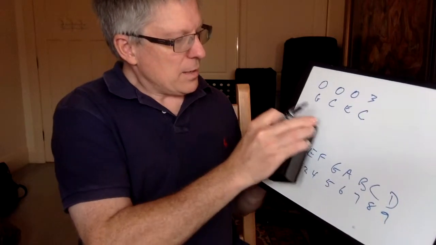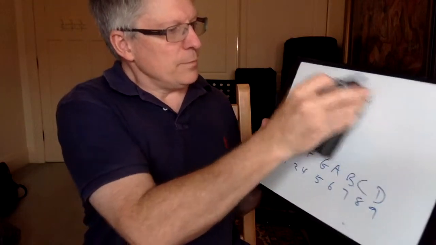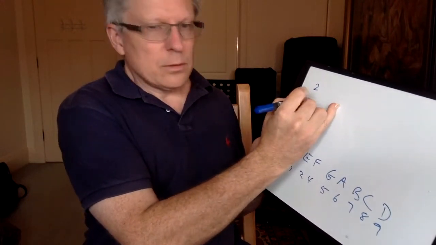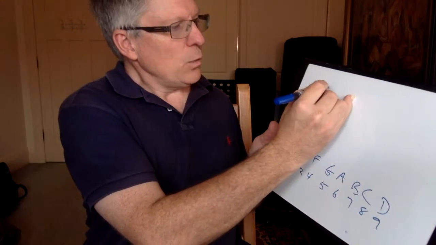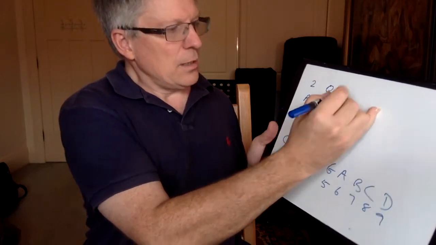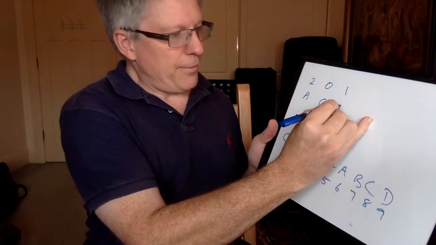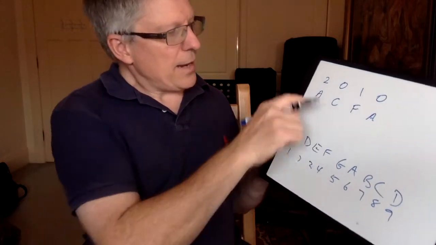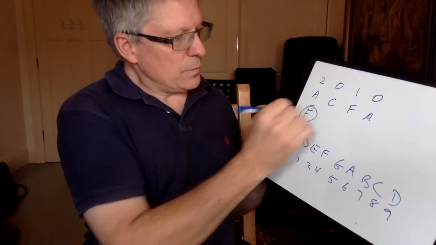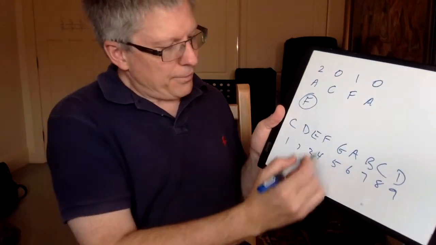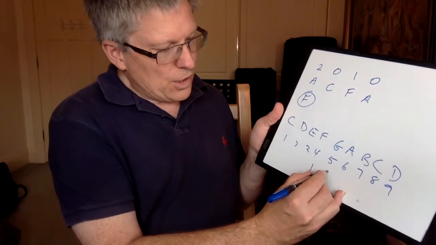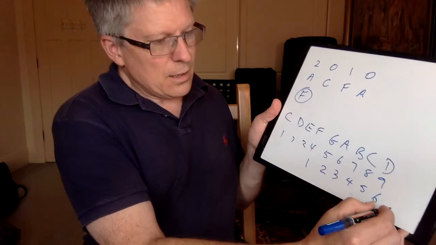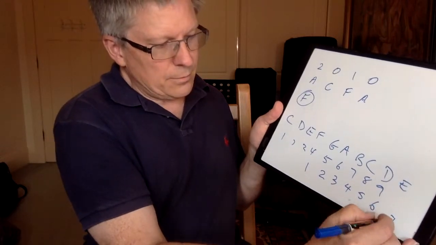What I'm going to do now is have a look at our F chord. We had a 2, which was A. We had a 0, which was C. We had a 1, which was F. And we had a 0, which was A. If I now start on F and say F becomes 1, then G is 2, A is 3, B is 4, C is 5, D is 6, E is 7.